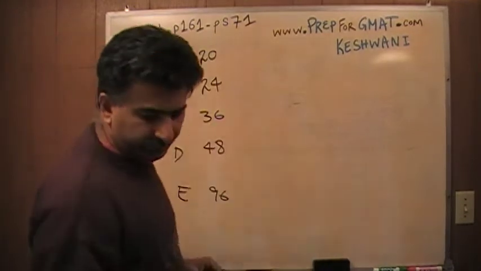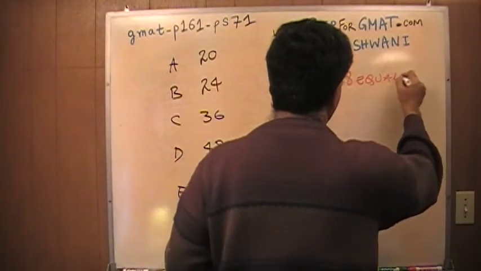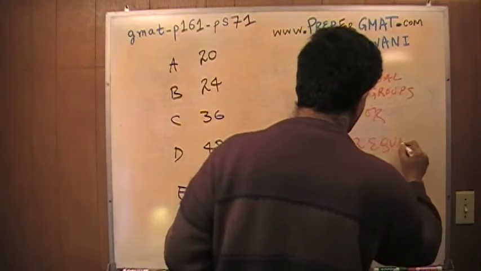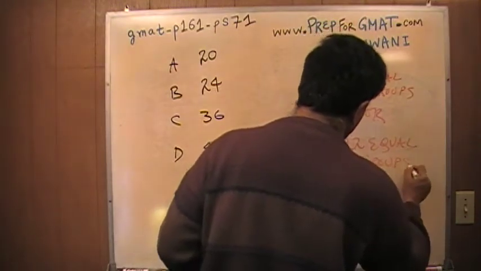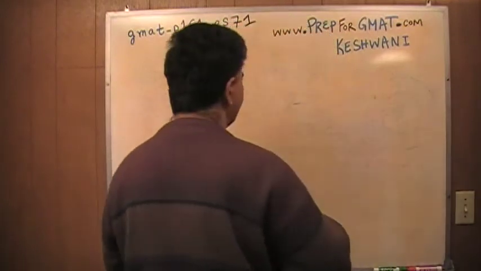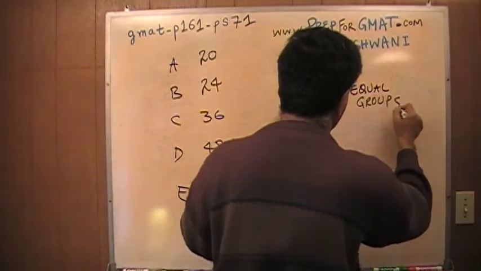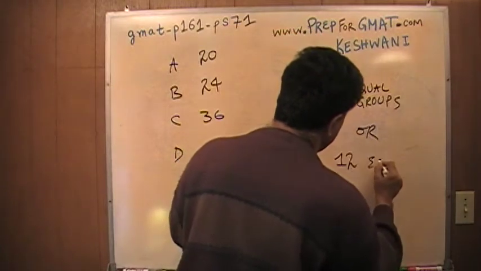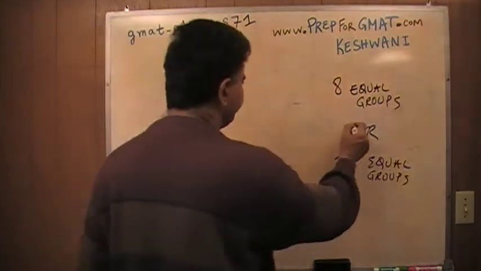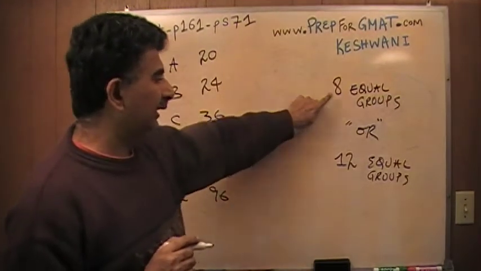The question is, if the class size is such that I can divide it into either 8 equal groups or 12 equal groups, the number of students in the class has to go evenly into 8 and 12.